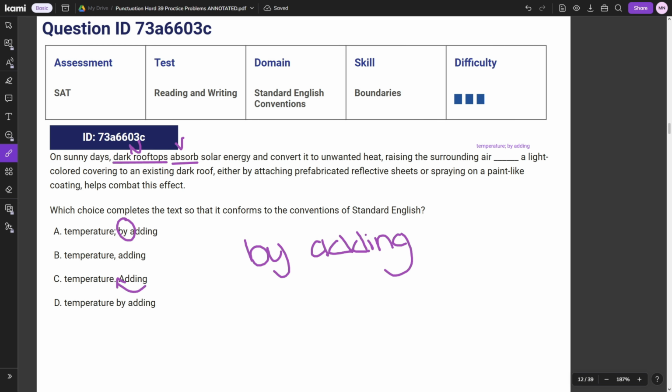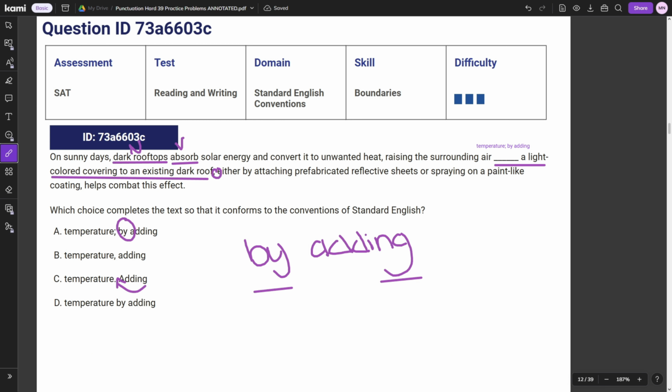Now whenever you have the word by plus a verb that ends in ing, it turns that part of a sentence into a modifier. And modifiers on the SAT are almost always, dare I say 100% of the time, going to be separated with a comma. So if we look at the beginning of our sentence, you'll see that there's a comma right here, which means that this entire part of the sentence is going to be a modifier.